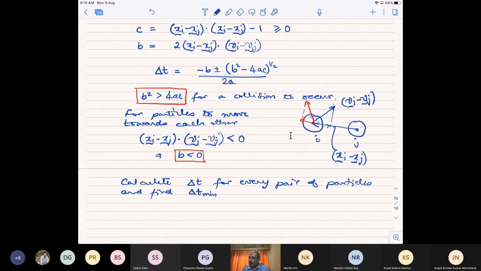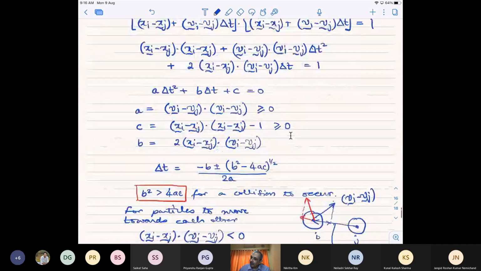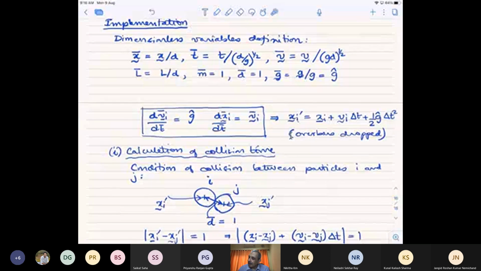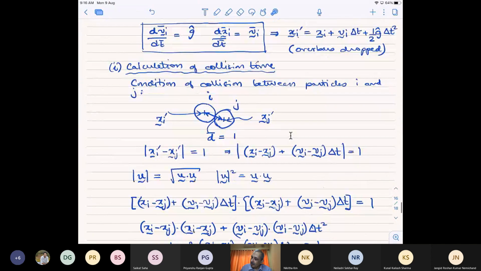Then once you know delta t minimum, all we have to do is apply this formula to find out the new positions.